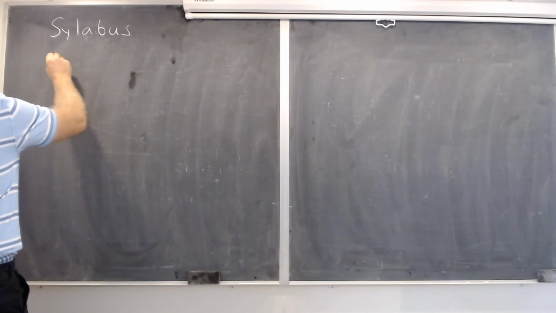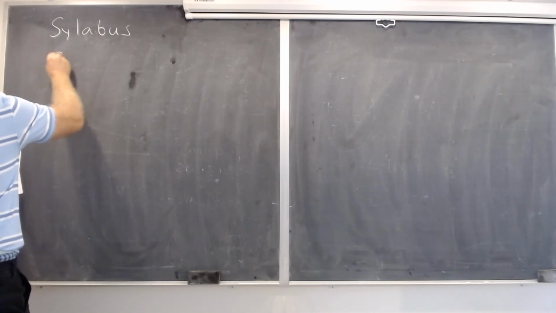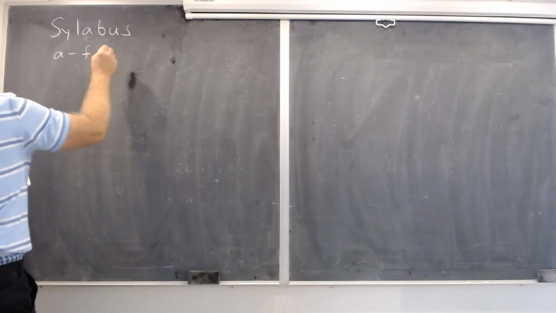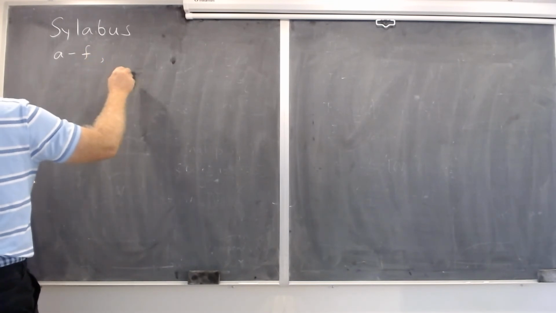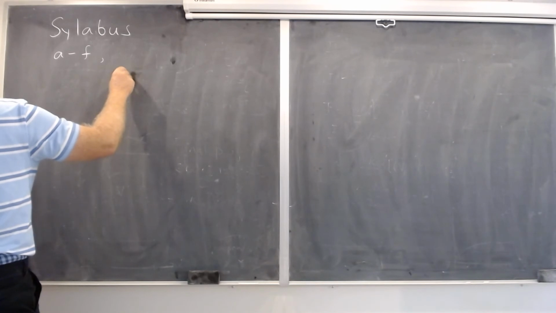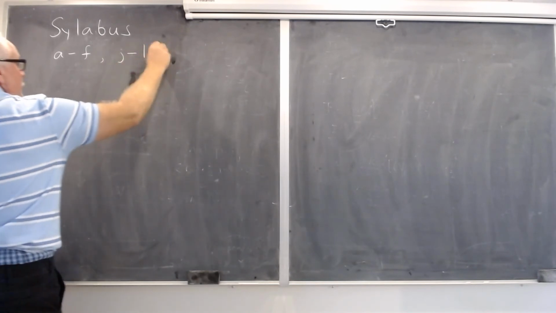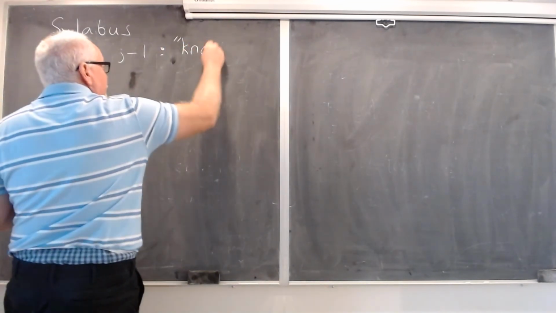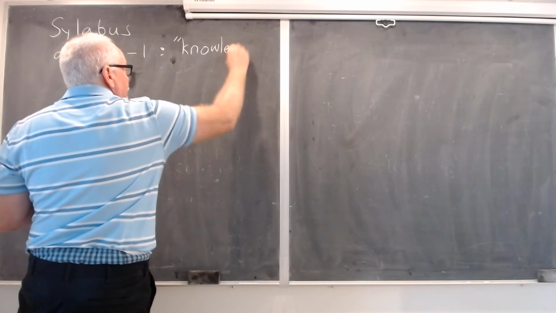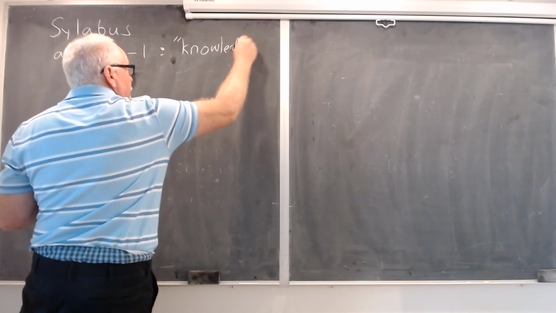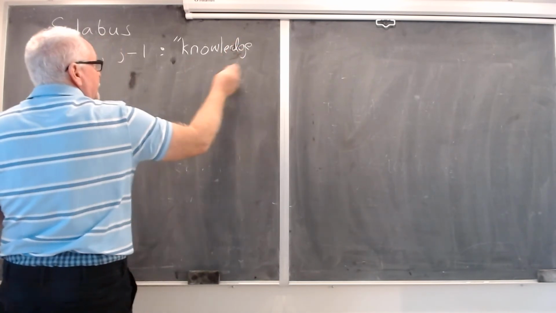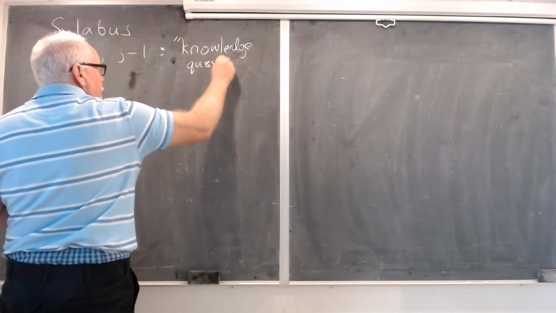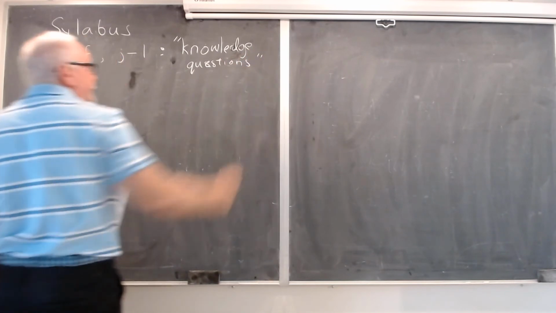Let me put it this way: A through F and J through L are knowledge-based. Knowledge questions, so to speak.